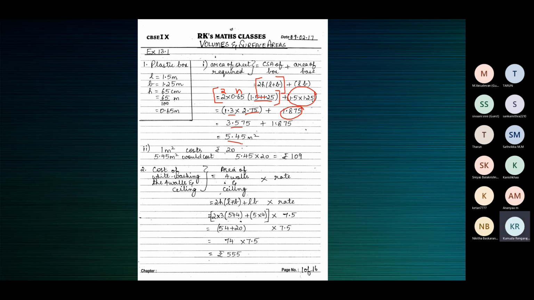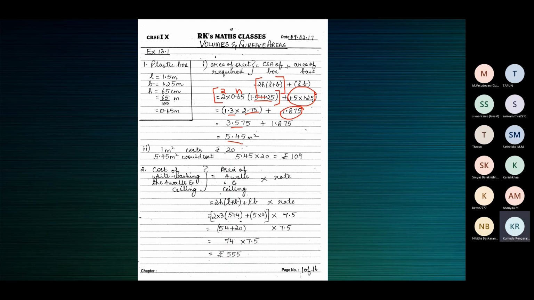So the area of the sheet required is not only the curved surface area, and not only the total surface area. The area of plastic used is not the CSA or the TSA. It is the CSA plus the area of the base. Or you can also find the TSA and subtract the area of the top.